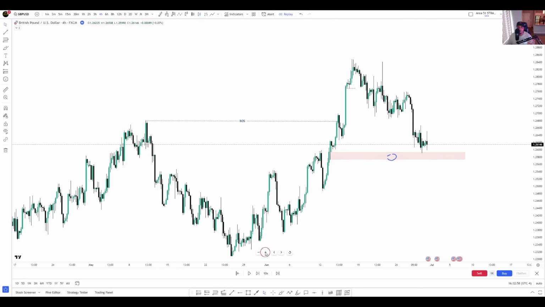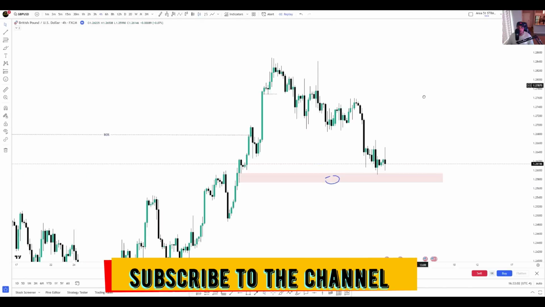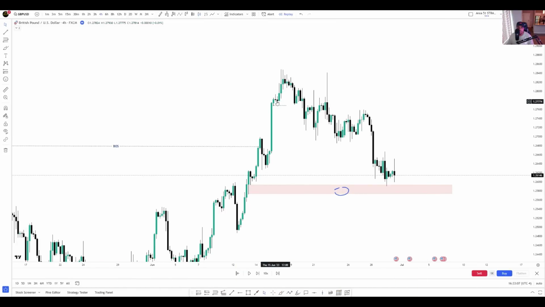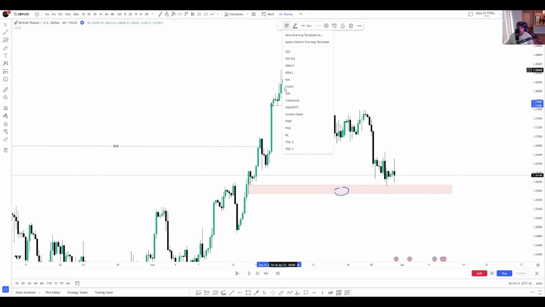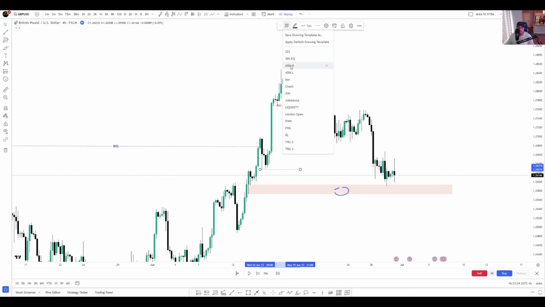Let me try to make this a little bit wider so that you can see what's going on. So the low of this candle has been taken out, so this is going to be a valid inducement. I went ahead and marked this inducement here, calling it IDM in short, okay? And this is the engineered liquidity before the reversal from the higher time frame demand zone.